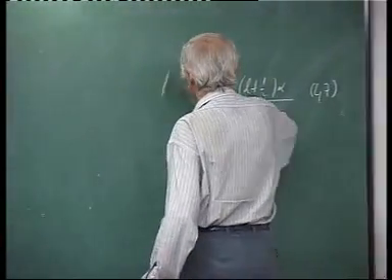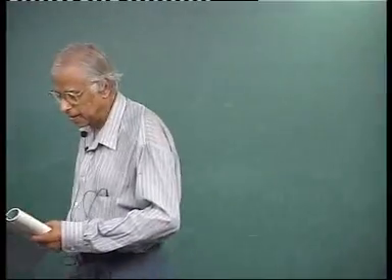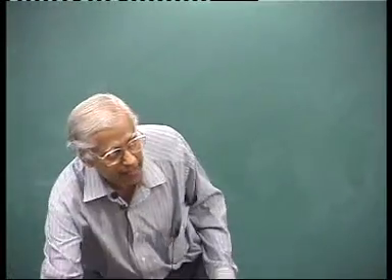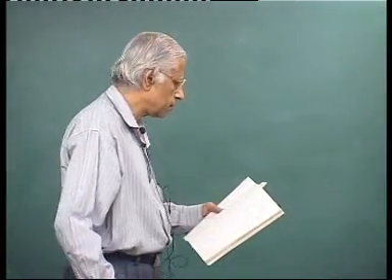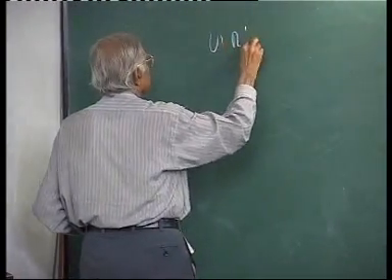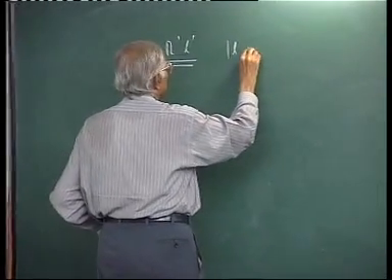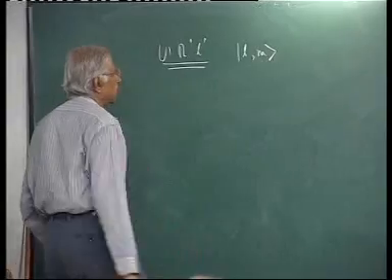Now, we will go into this matter in a little more detail. We will look at the representation matrices themselves. So, in the UIR number L, we have a basis, orthonormal basis in the representation space.